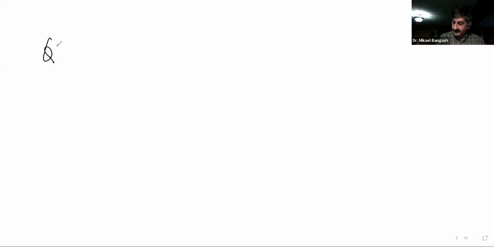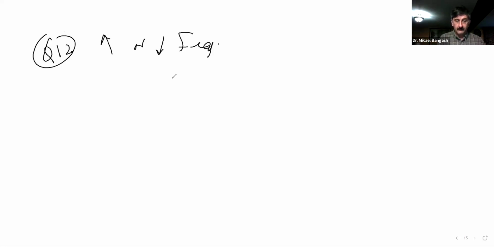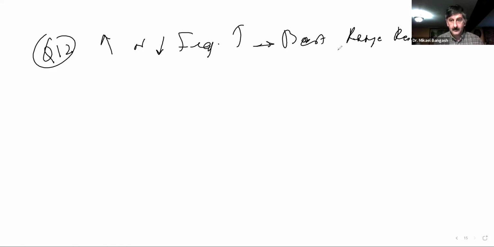Question number 12. Now here they're asking, a high or low frequency transducer has the best range resolution. Now, even before getting into that, what is the range resolution?